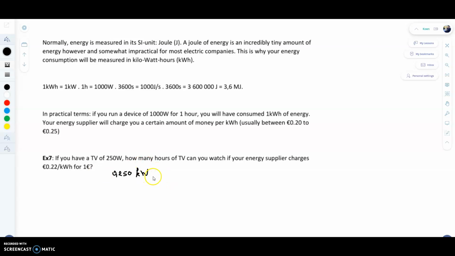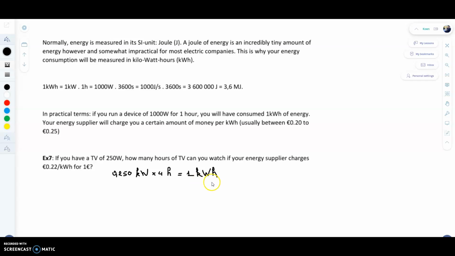Now, in this case, if I multiply this by 4 hours, right, if I watch 4 hours of TV with this device, I will have actually used up 1 kilowatt hour of energy in this case.